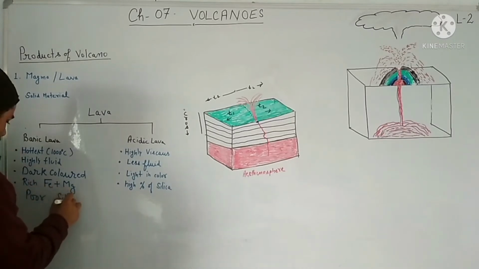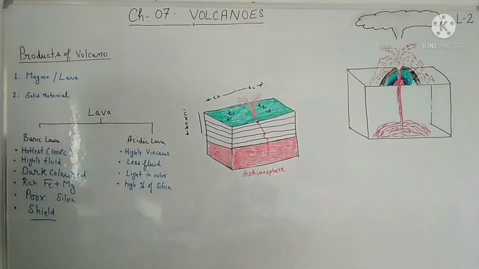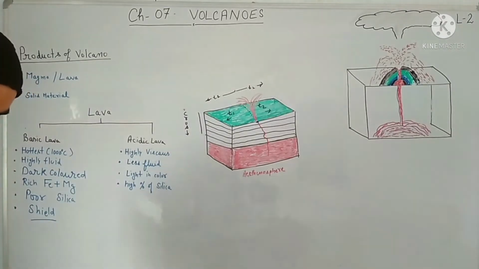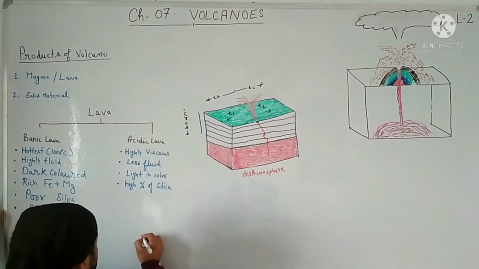And then it forms what? Shield, volcanic shield, clear. So here basic lava will form a cone like this.